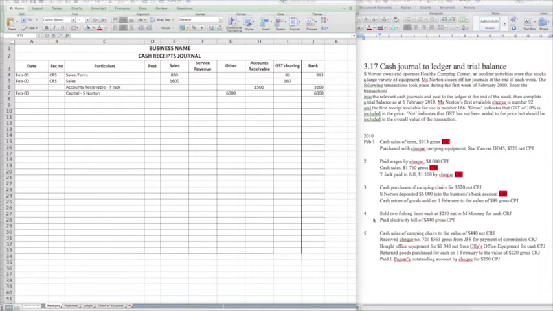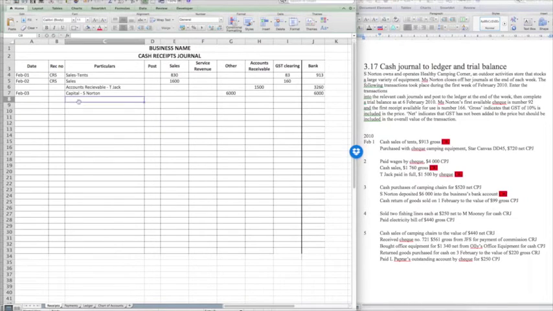On the 4th of February, we sold 2 fishing lines at $250 each. They were both net, so that's non-inclusive of GST. So when we put this into our cash receipts journal, we'll need to put the GST on there. So we'll pop it in over here. Sales for fishing lines.